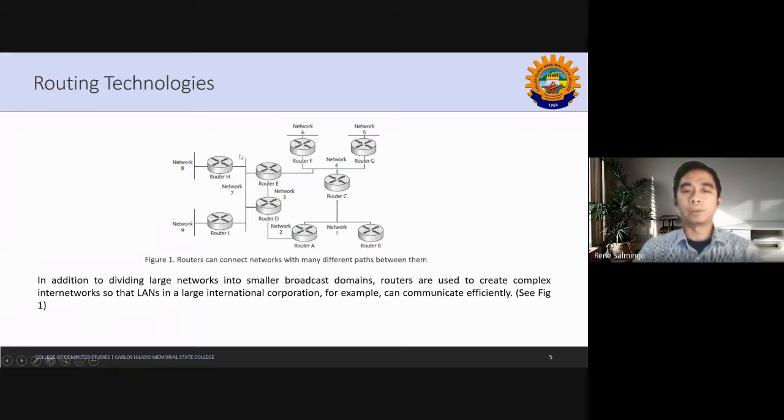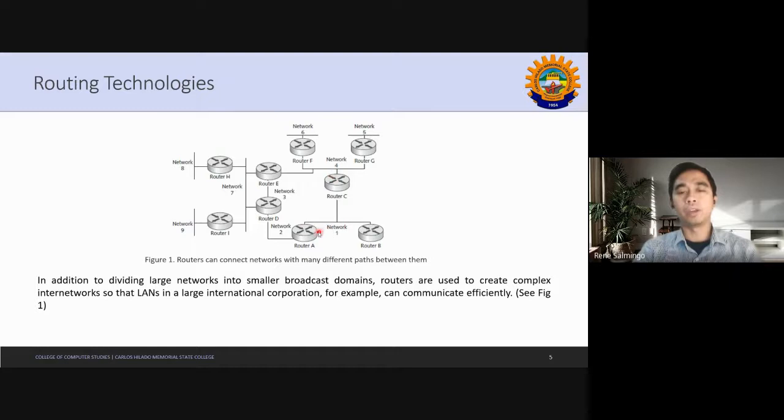So for example, this is from another building, another department, and this is connected to another department, and this one is connected to another department, and this one will be connected also to another department.